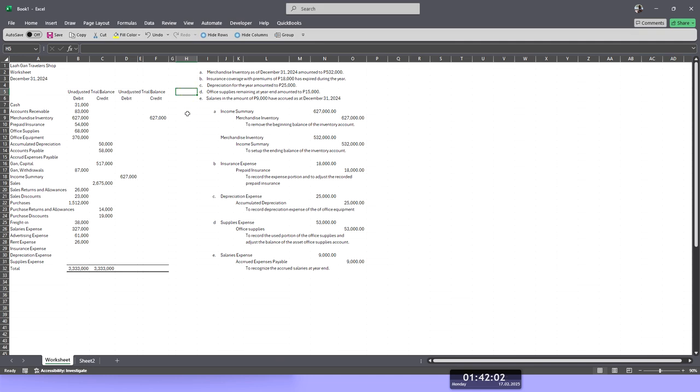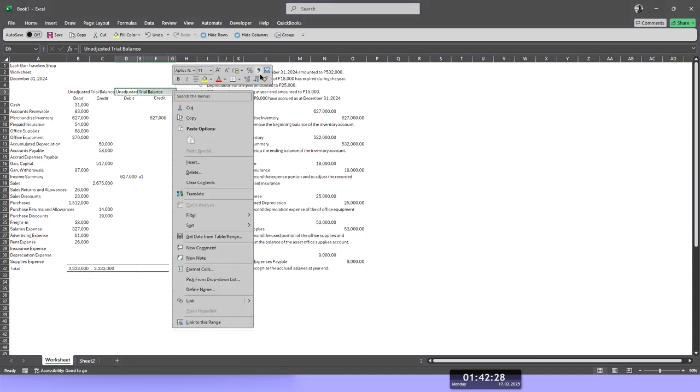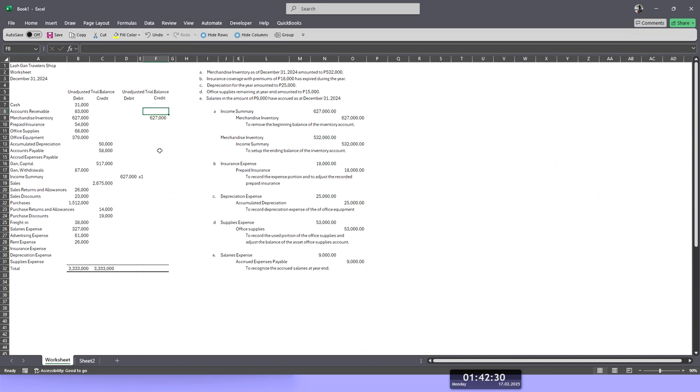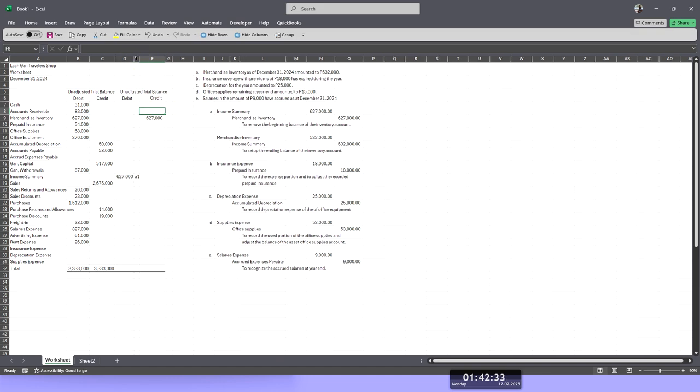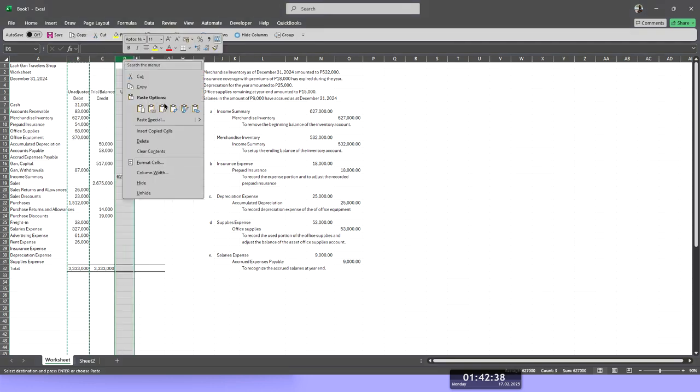And the first adjusting entry is debit income summary. This is A1, and this one is also here. Ending. Okay, and copy formatting.